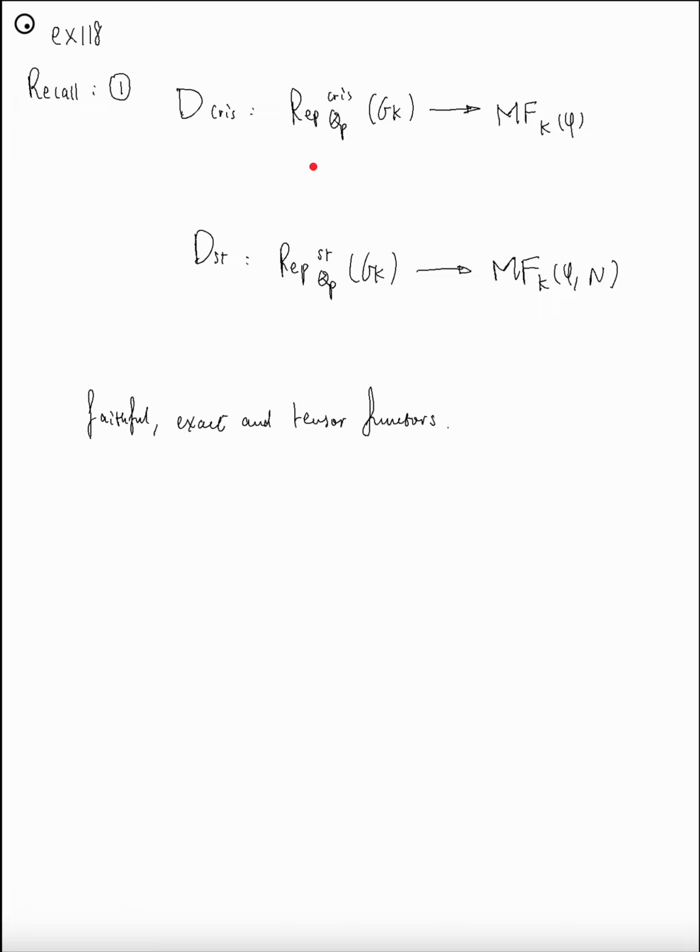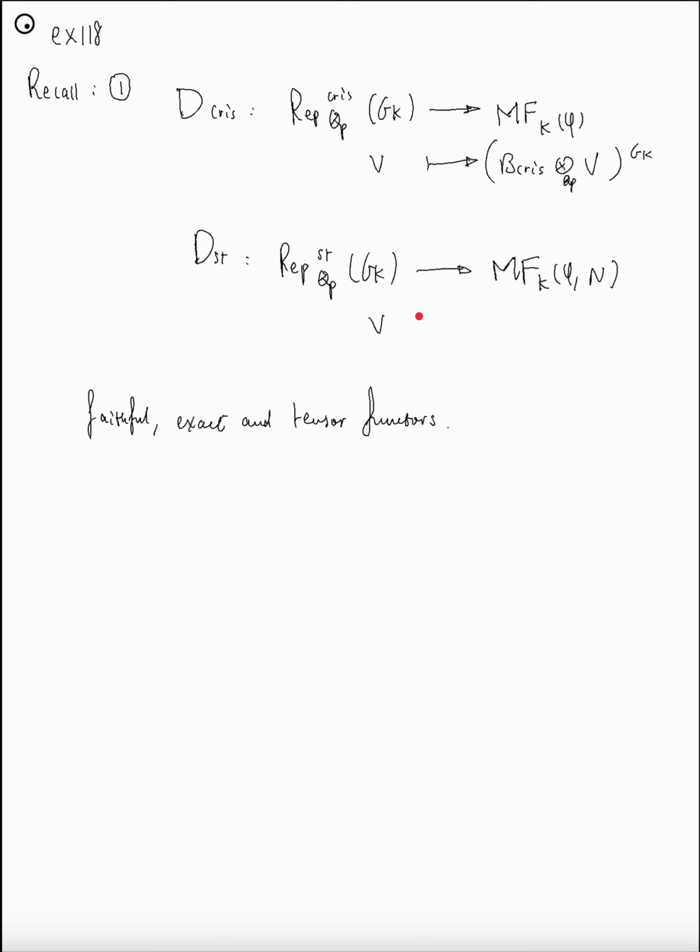the covariant version using the tensor product, maps W to D_cris(W), which is (B_cris tensor W) fixed points by G_K. So the period ring corresponding to crystalline representation.